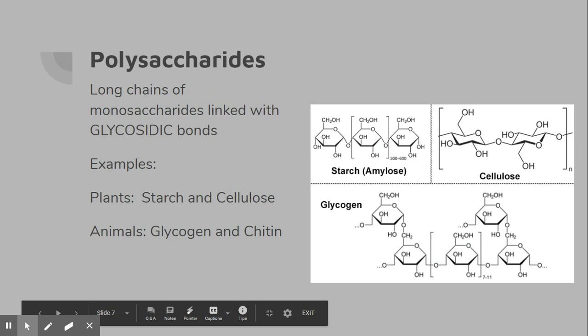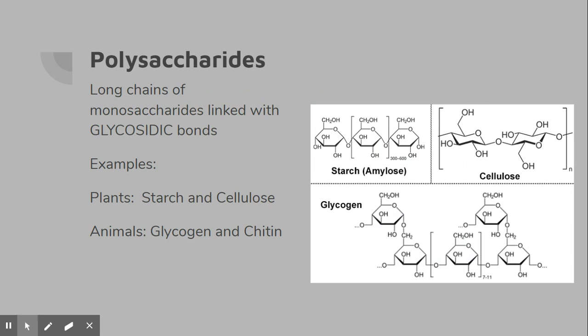Now, once we get long chains of monosaccharides, that becomes a polysaccharide. As we learned last week, poly means many. Here you can see that starch. This is what we eat a lot of in our French fries, potato chips, corn, all those things.